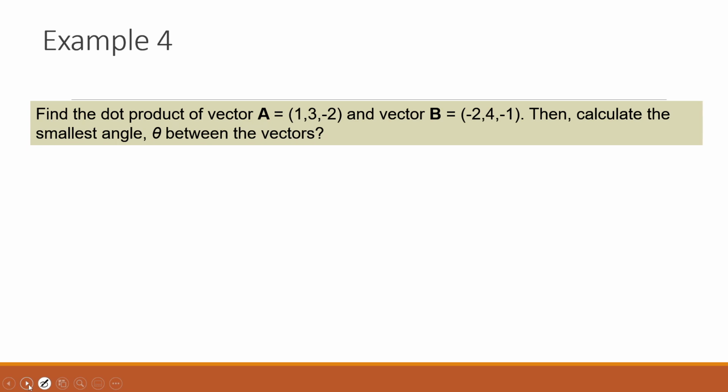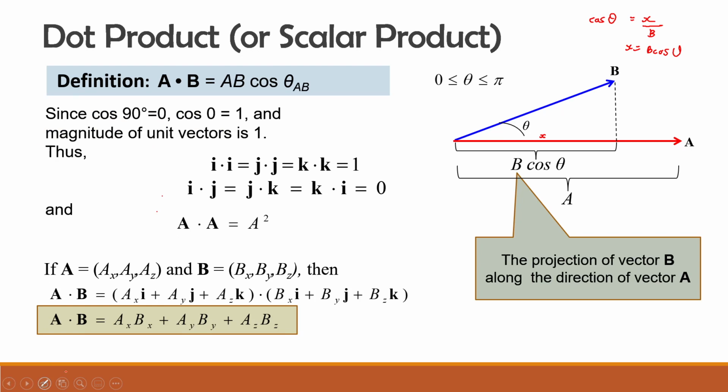Then we look at one example. Find the dot product of vector A equal to 1, 3, negative 2, and vector B equal to negative 2, 4, negative 1. Then calculate the smallest angle theta between the vectors.